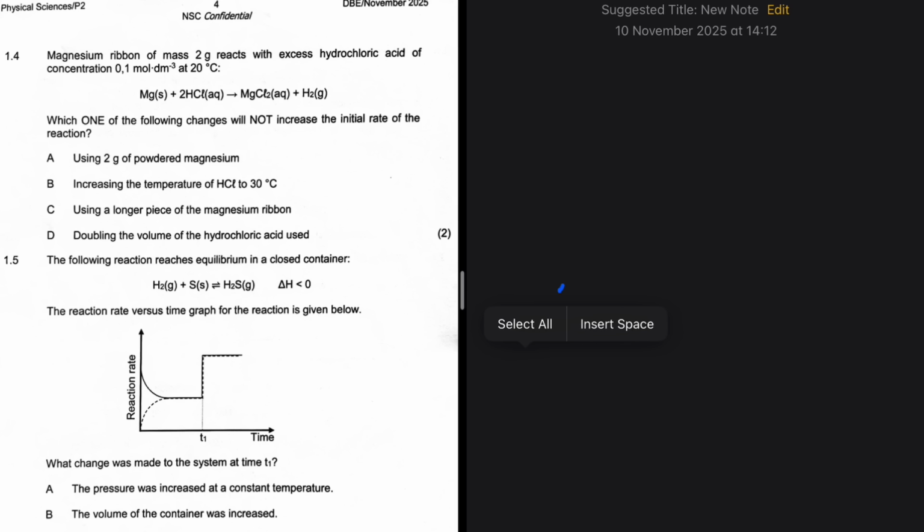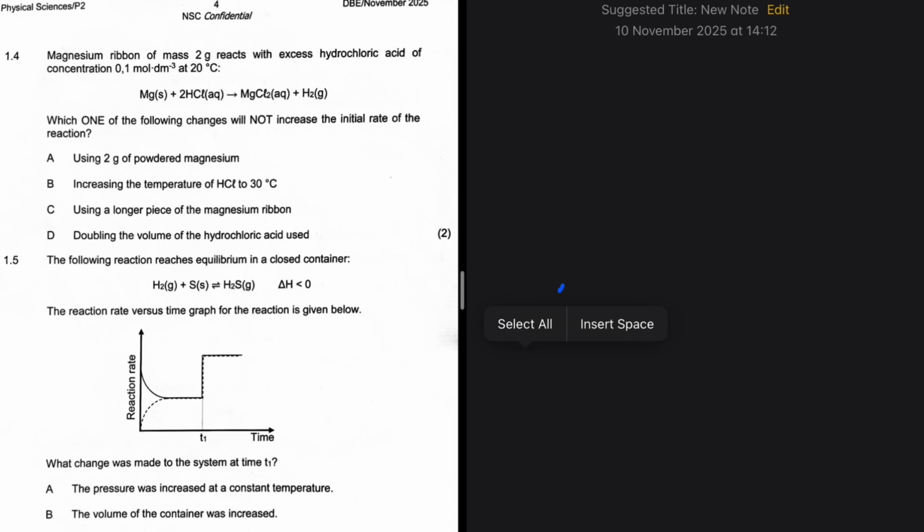So if that is the case, obviously we are going to have an increase in the rate of reaction because we have increased the number of moles initially of the magnesium ribbon. If we use a longer piece of magnesium ribbon, then we're going to have more surface area on the exposed areas of the piece, right?